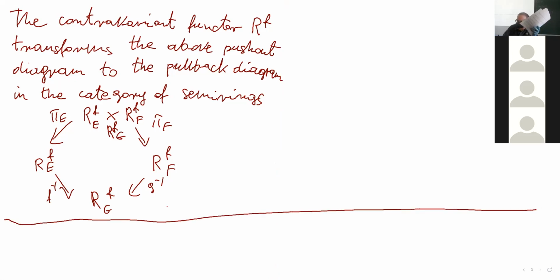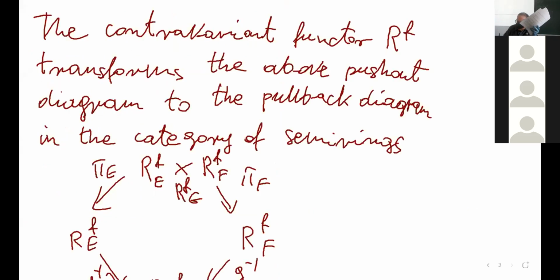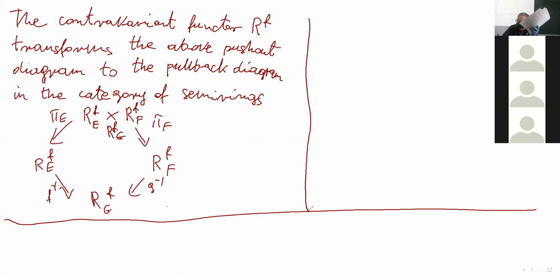Because now here again I'll have a common part. No, this was a bit too much to the right. Okay, I will manage.